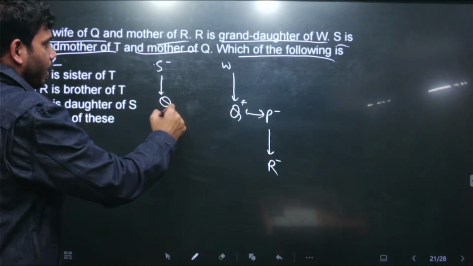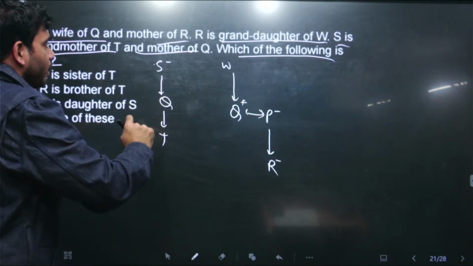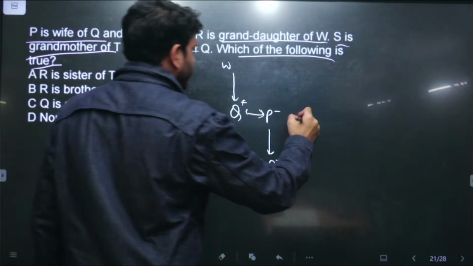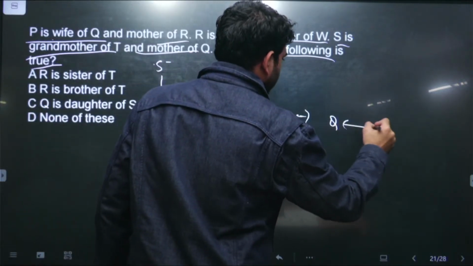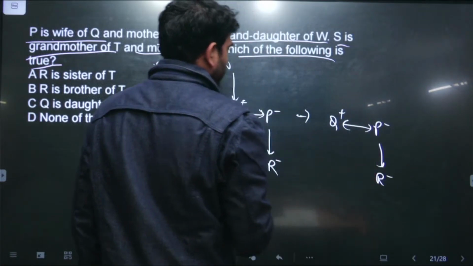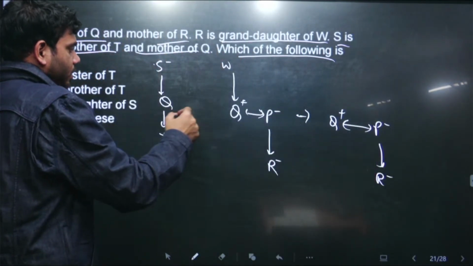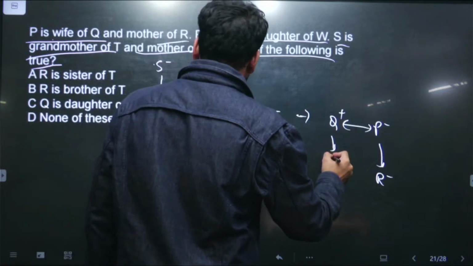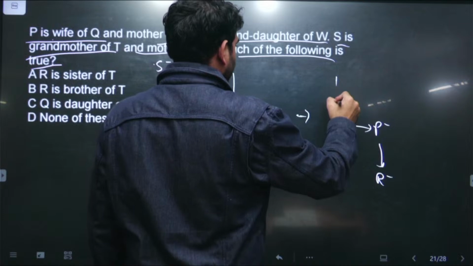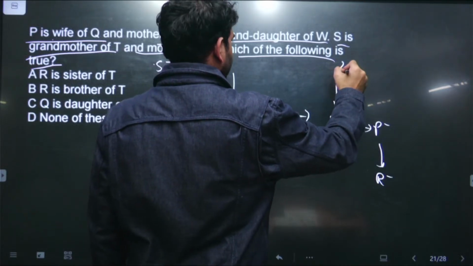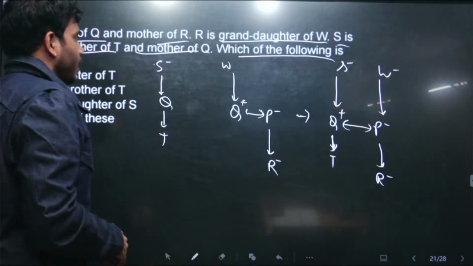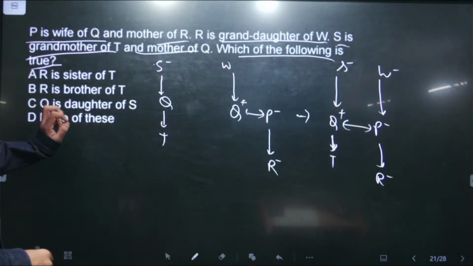So this is what we know so far. After combining these two, we know that T is also a child of P and Q, the couple, and S comes here and W comes here. This is what we know, and we need to find which is true.